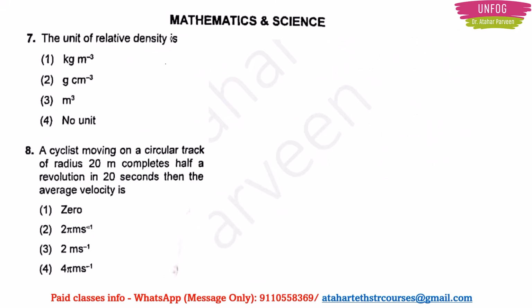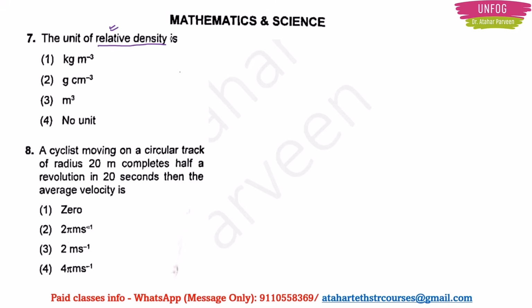Next, question number 7. The unit of relative density is, so this we have been discussing since long time in many of our classes. So the relative density is the ratio of two densities. So that's why we call it as relative density, right?